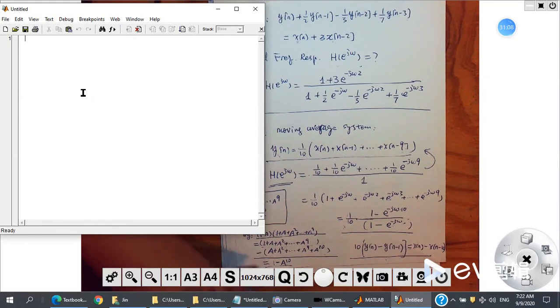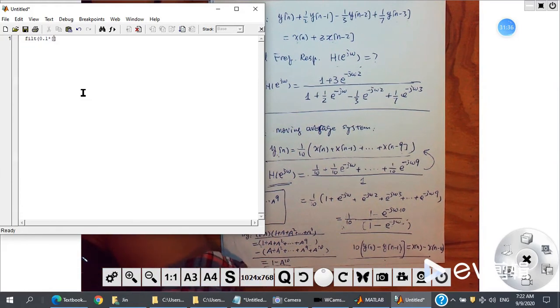I have the coefficients for the numerator part, which is 1/10. 1 over 10 is 0.1, right? 0.1 times, I need ten 1s, so I times this.